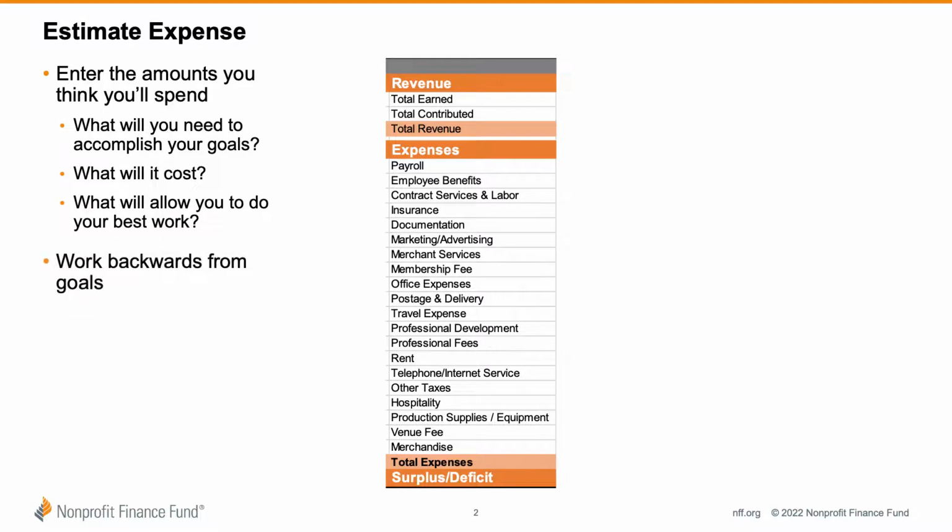You've also heard me say a few times how important it is to plan out goals first. And that's because in order to plan your year ahead and get to the numbers and cost estimates, it is valuable to start with your goals and walk backwards to get to those numbers.